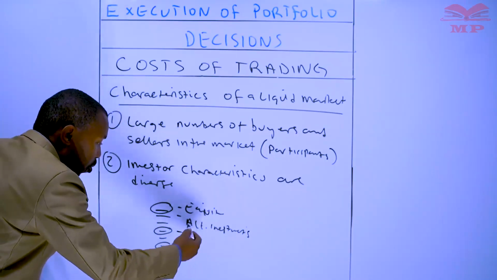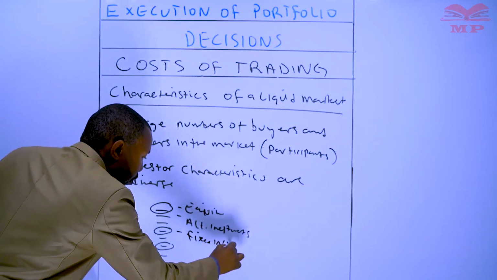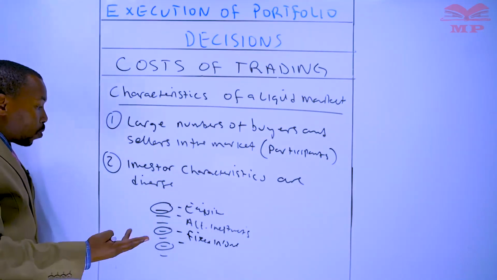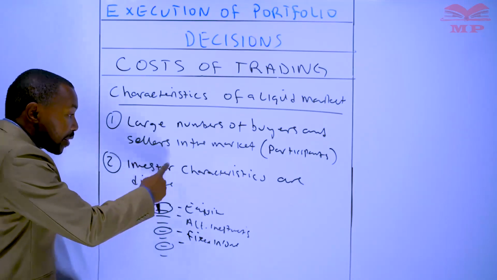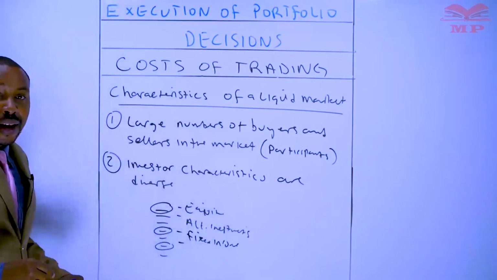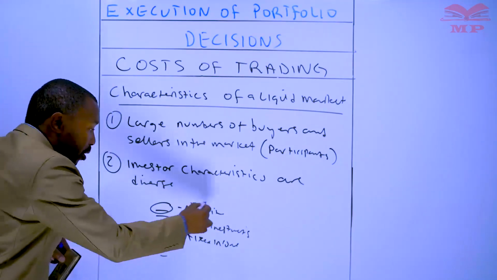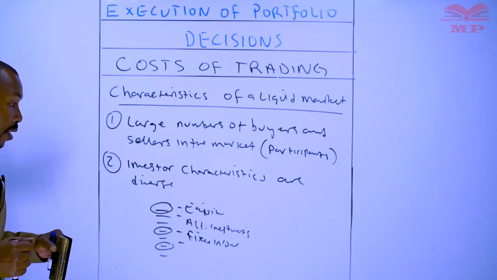Then we're also saying you can also choose from fixed income. You can also choose from other asset classes that satisfy your objective. That is what we're saying, that investor characteristics are diverse. One investor may decide to select equities because it actually satisfies their objectives.